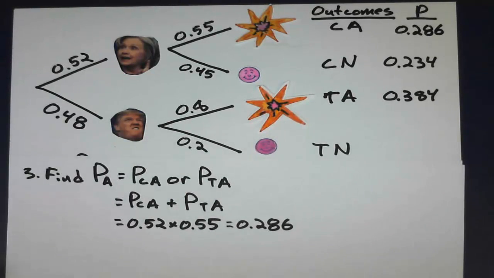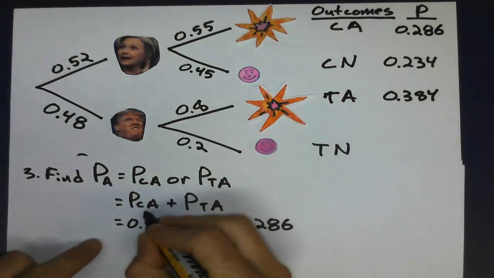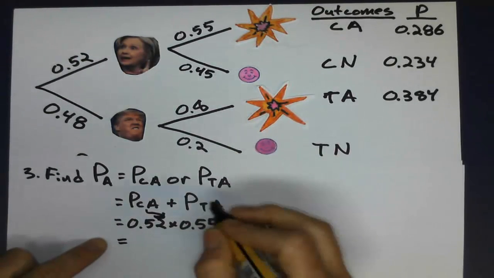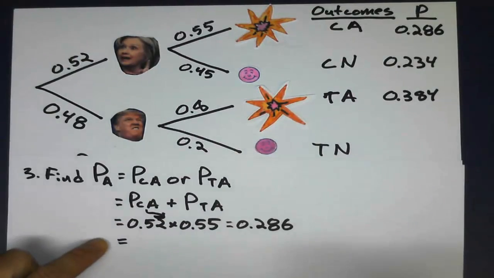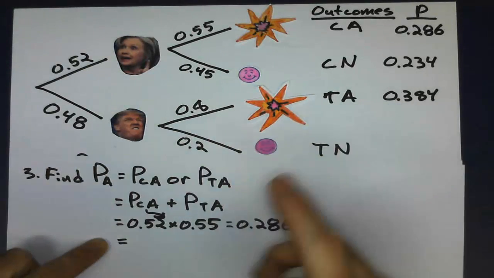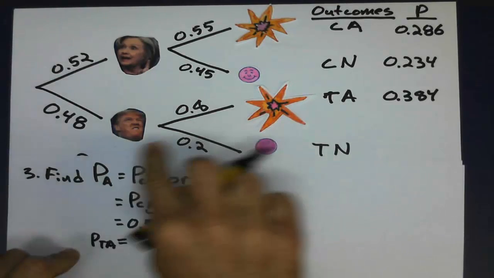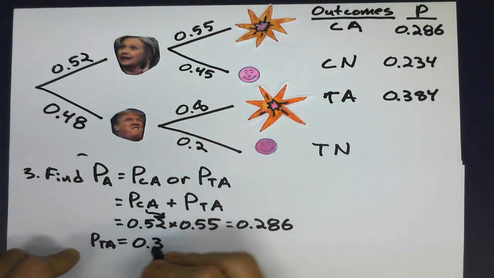I'll put it up there as well. Sorry, that's not the neatest, that's Clinton's. And then Trump's, did I figure his out already? Yep, Trump and apocalypse is 0.384.